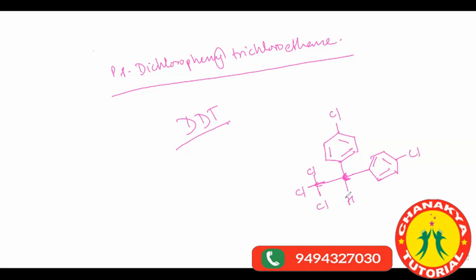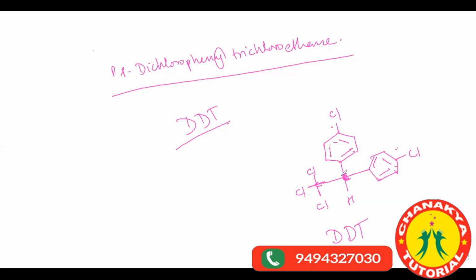Fine. So this is nothing but a carbon compound which has 2 phenyl rings. Another carbon is replaced with all the chlorines, and only one hydrogen will be present in that. This will be DDT, dichlorodiphenyltrichloroethane.